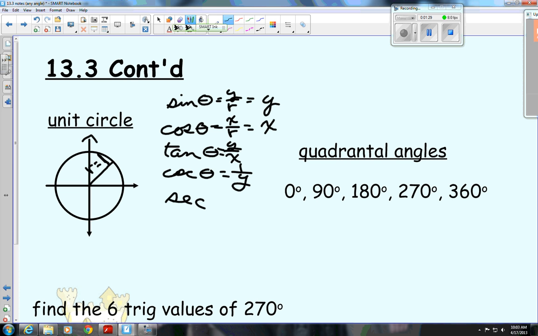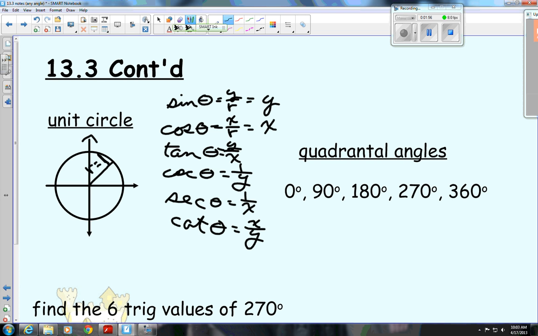The secant is 1 over x because it's the reciprocal of the cosine. And the cotangent is still x over y. Okay. So on our unit circle, if we can find an xy value, we know directly from just looking at the circle what the cosine is and what the sine is. It's just the x and y values.